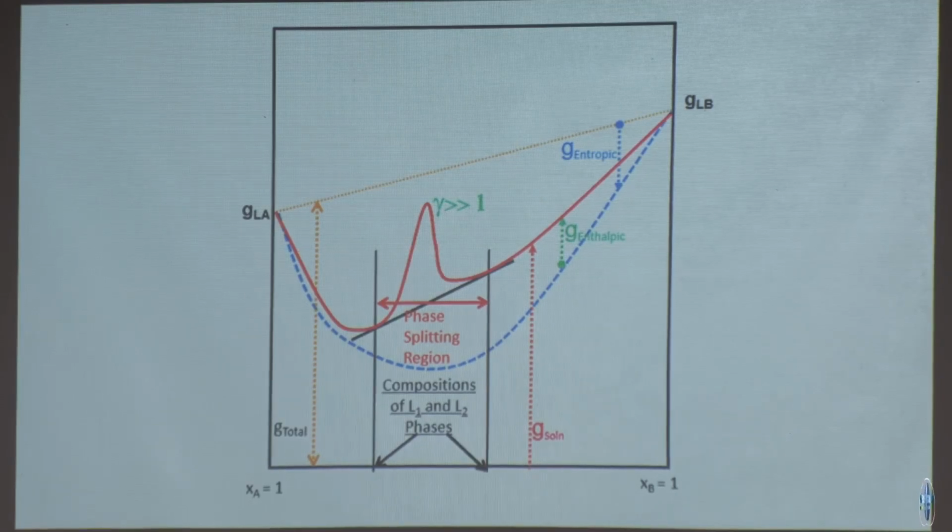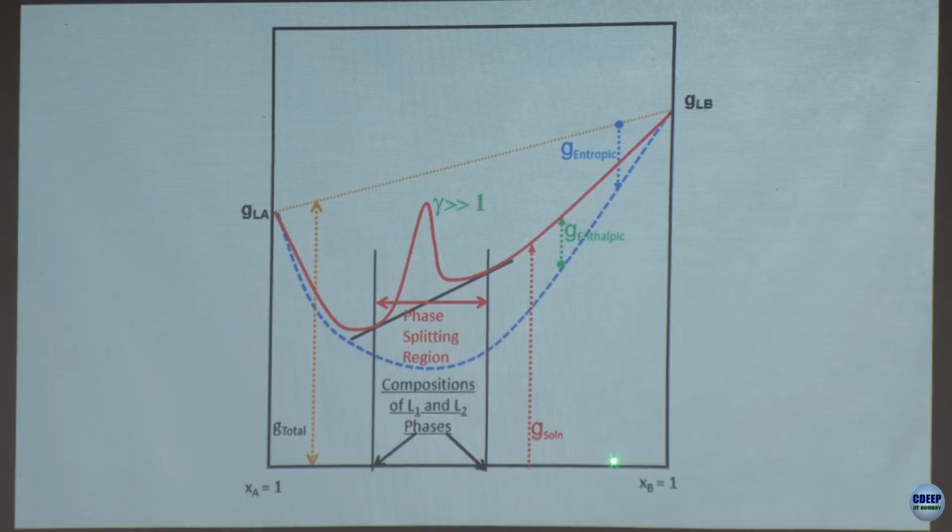Now look at the situation. Supposing you have a system which is say XB equal to say 0.8 here. Fine. So this will be a uniform solution. Fine. Because this is the lowest state that you can get here.